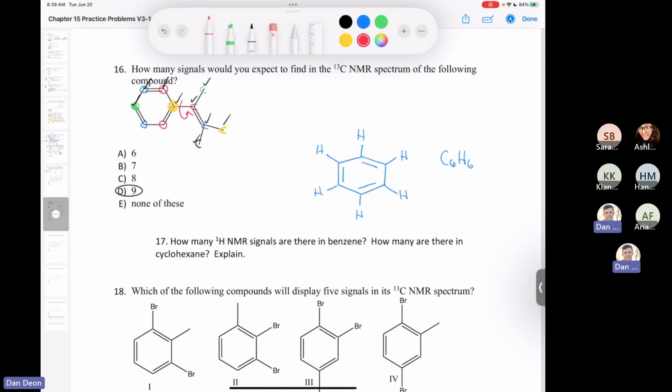C6H6. So it might be a knee-jerk reaction to say, well, I'll just look at this proton, 1, 2, 3, therefore it's going to be split by this. But remember that protons that are chemically equivalent do not split each other. So let's scribble that down.